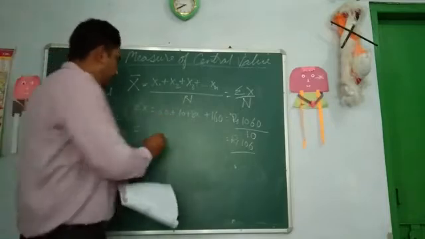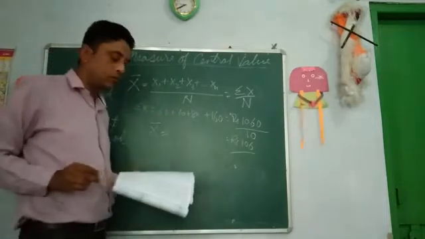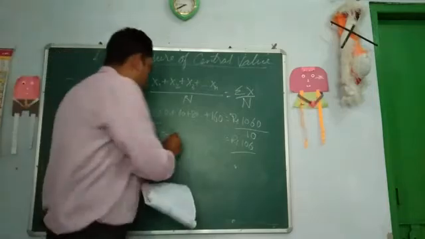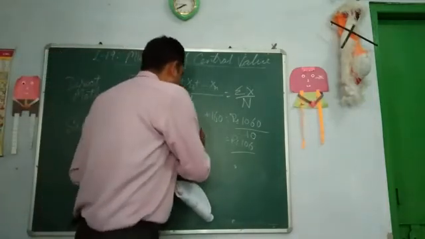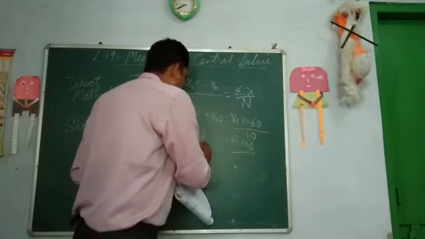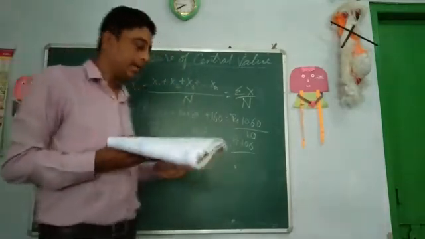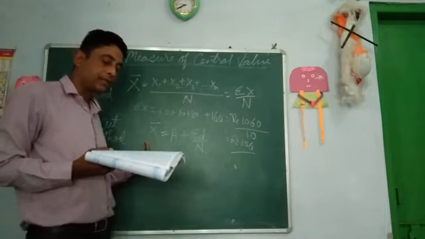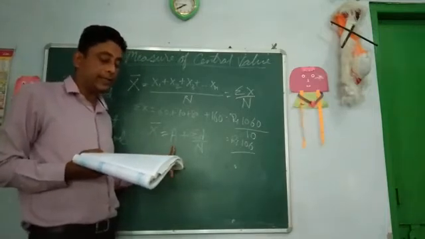What is the shortcut method? The shortcut method is given as x bar equals a plus sum of d divided by n, where x bar is the actual arithmetic average and a indicates the assumed arithmetic average.